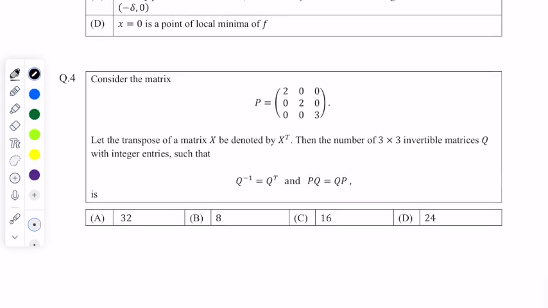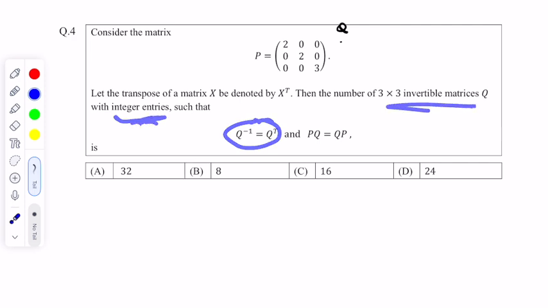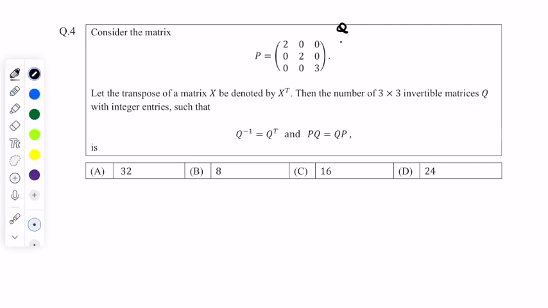We have been given this matrix. We are saying it's kind of an orthogonal matrix with the commutative law. All right, so we can just assume, let's say, Q. Anyhow, we have already seen that for an orthogonal matrix with integer entries, invertible, there will be 48 possibilities.